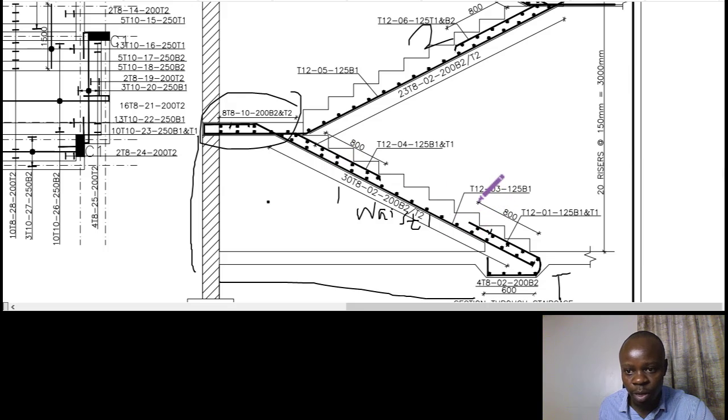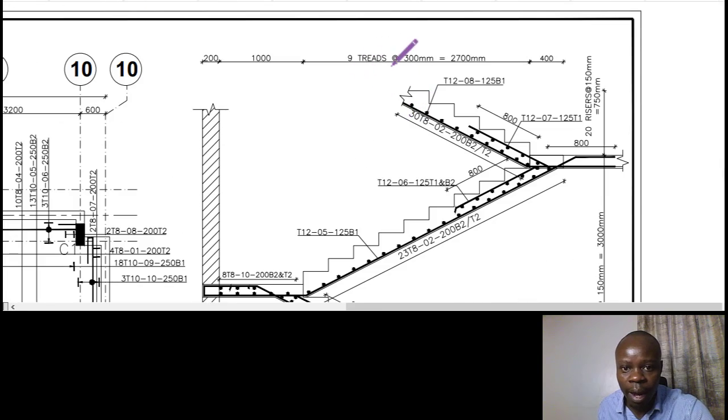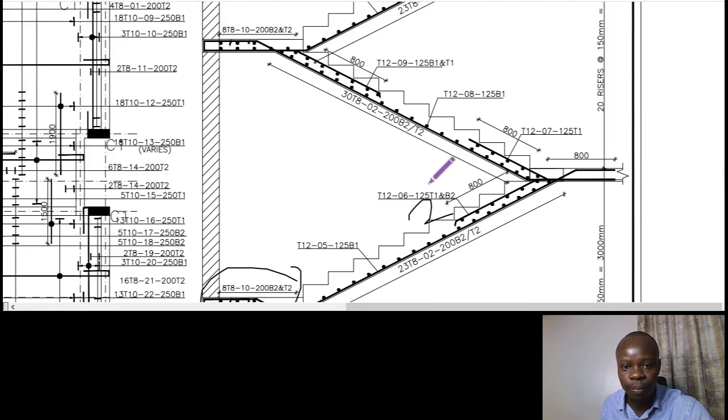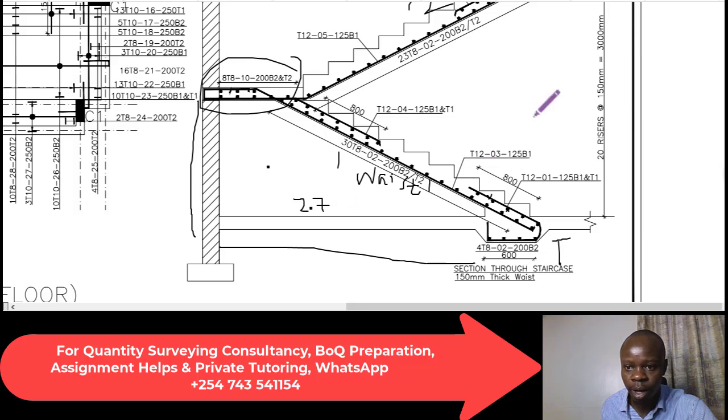Using that method, the height here is half of the 3000, which is 1500, while the base is indicated: there are 9 threads, each of them 300 millimeters. So it's 9 times 300, which is 2700. So this base is 2.7, while the height is 1.5.